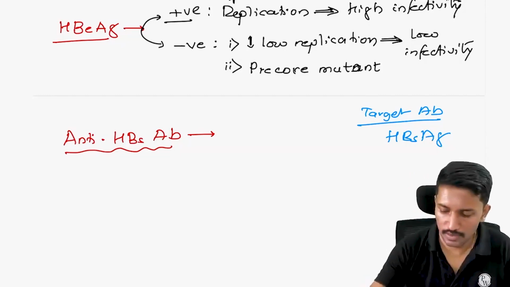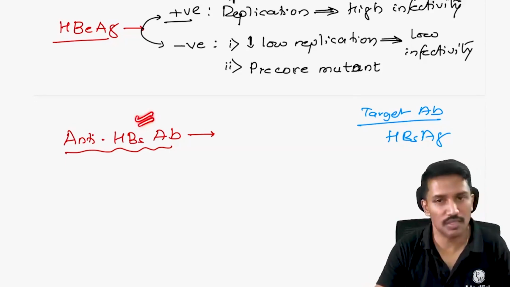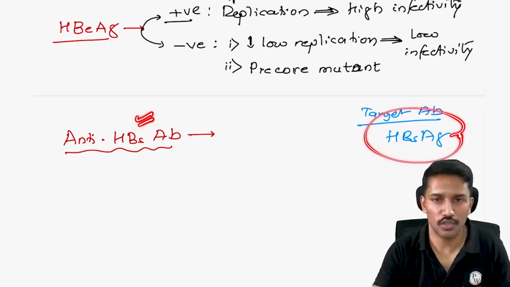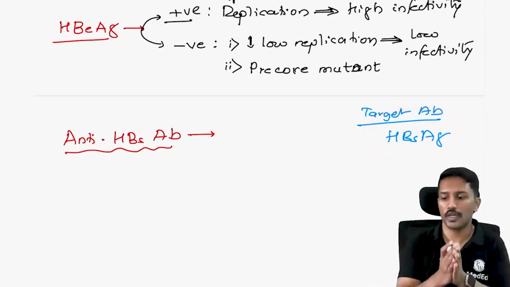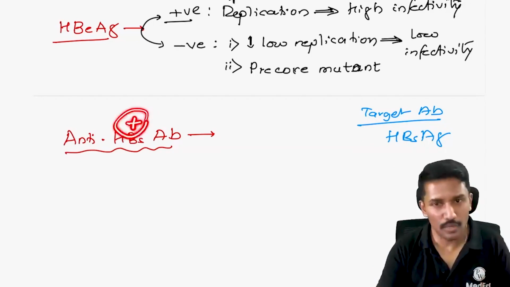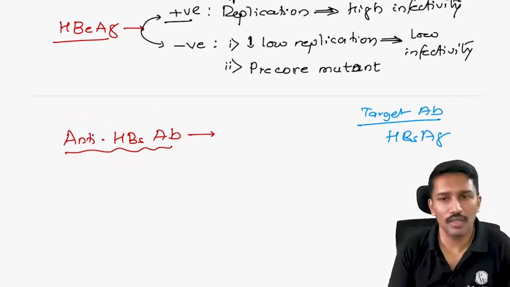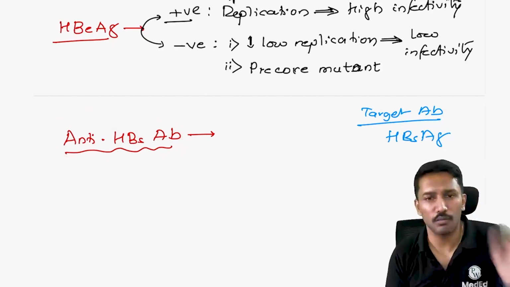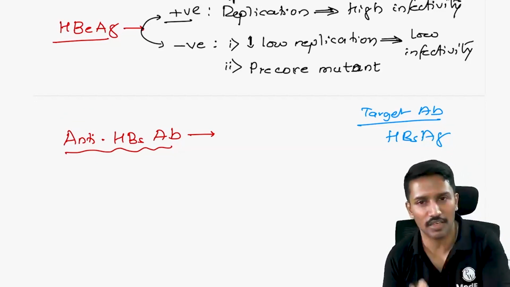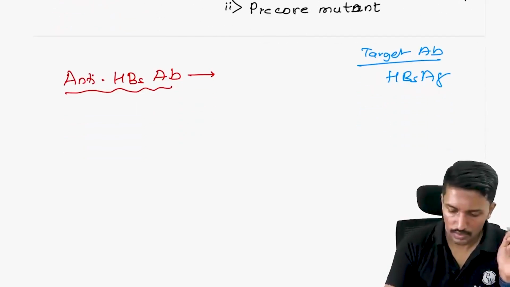What do I mean by that? When I say mutually exclusive, that means once your body starts producing anti-HBs antibody, HBsAg has to go. There is no choice for it. So you don't get to see patients where both are positive. Either you will have anti-HBs antibody positive or the antigen positive. So this appearance of antibody indicates that you have developed immunity against hepatitis B, and hepatitis B is no longer going to be an active infection in your case. Simple.